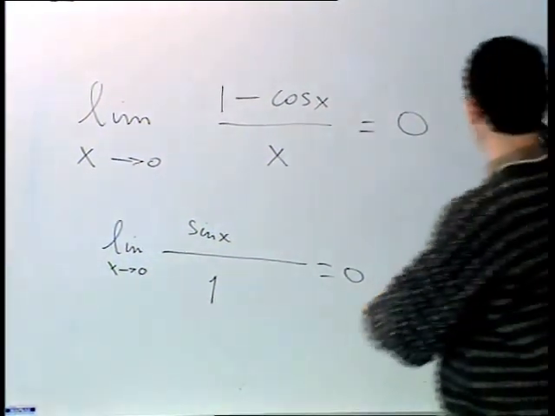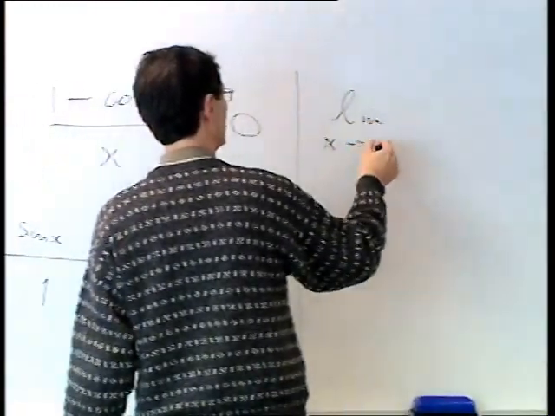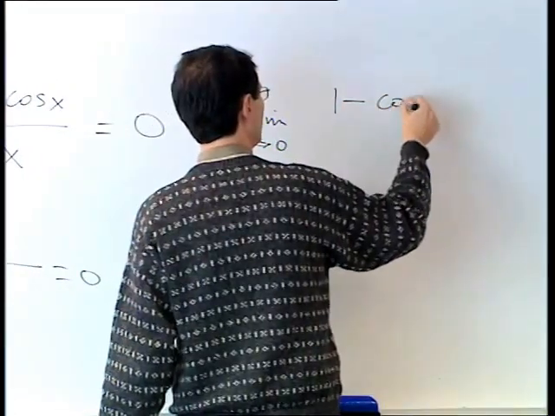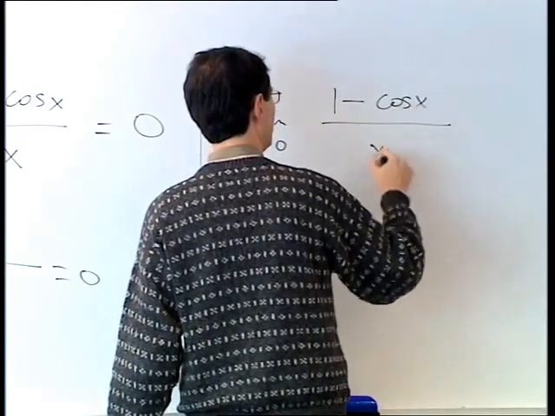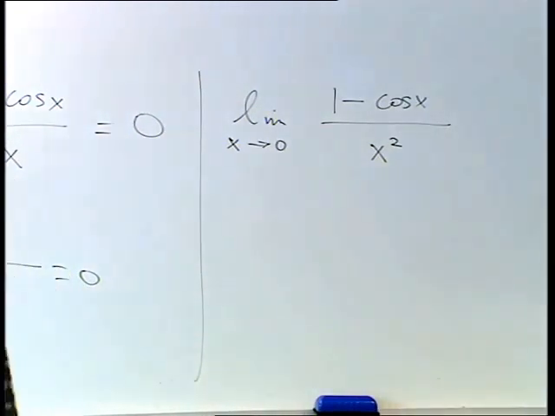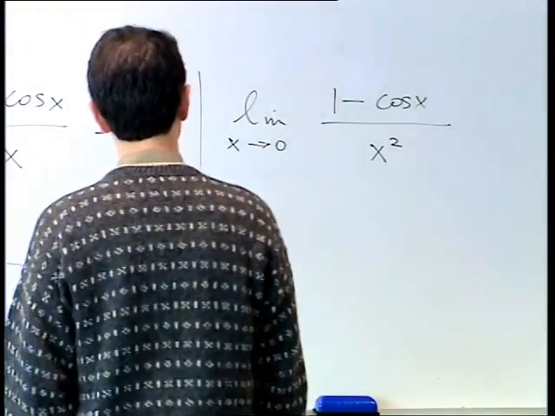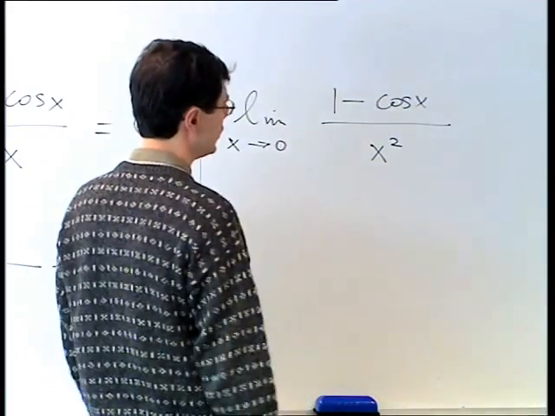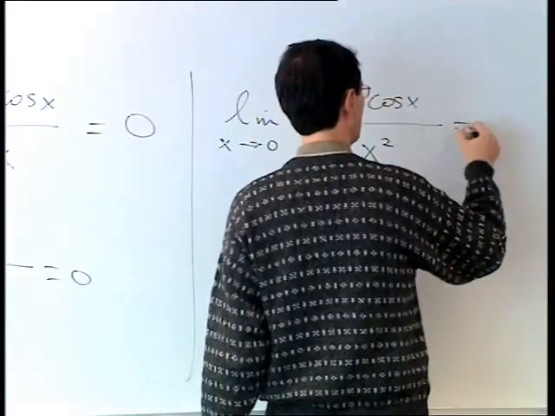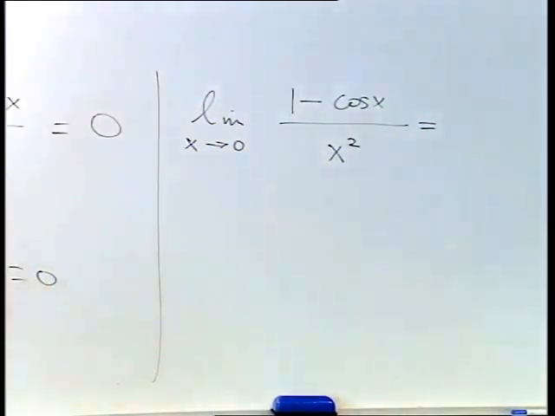Let's do this other one here. Limit when x goes to 0, 1 minus cosine x divided by x squared. I'm going to put equal, even though I don't know whether it's equal yet.